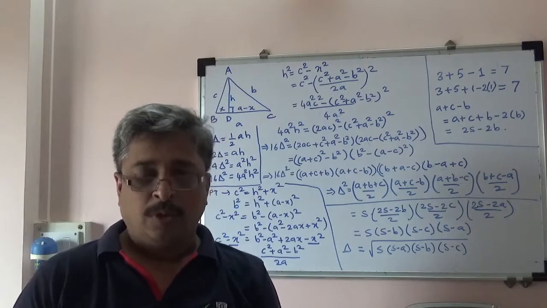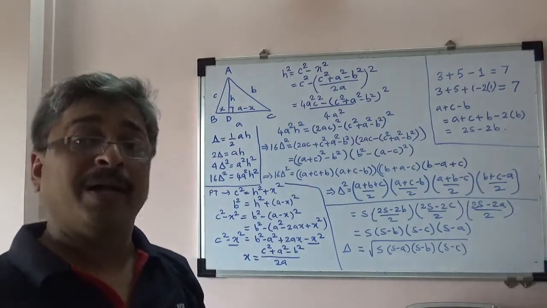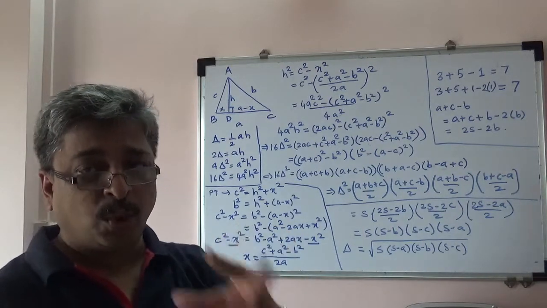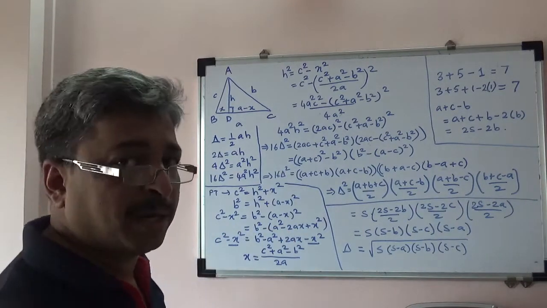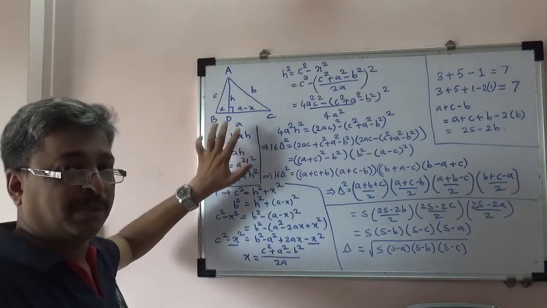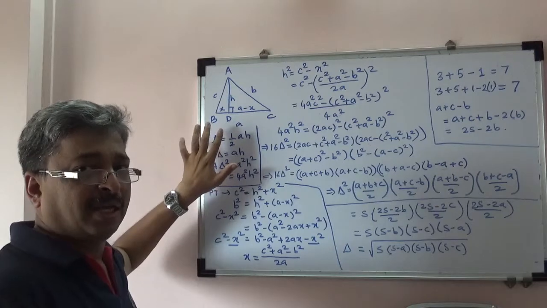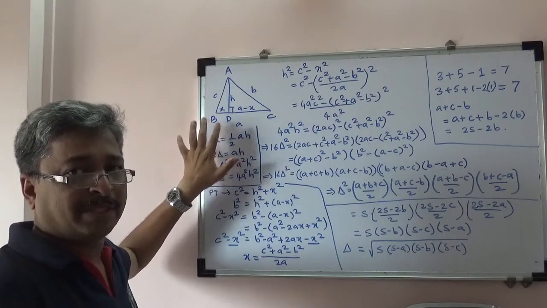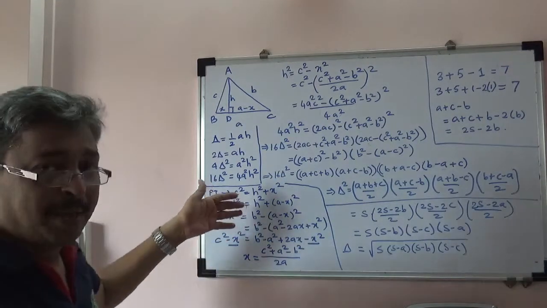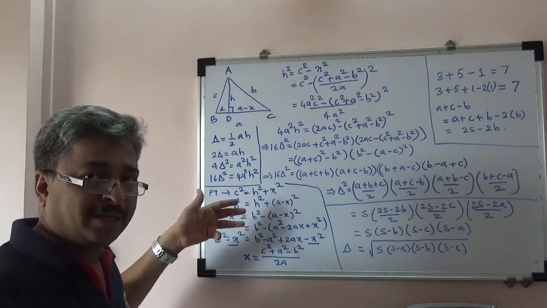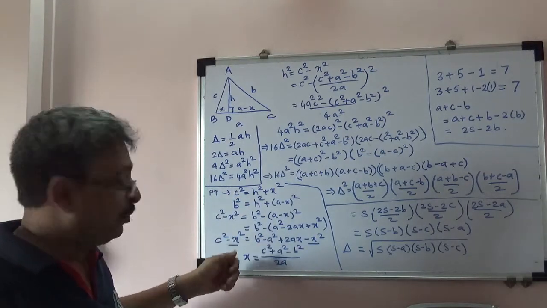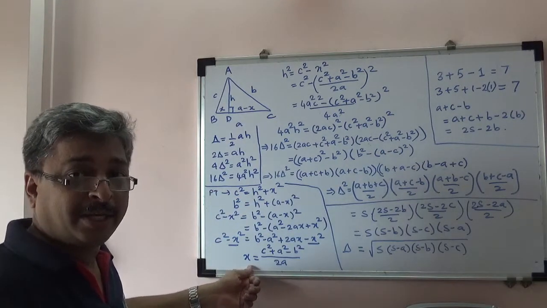Now you may find that it is very difficult, it is very long, but there are only 2 or 3 steps that you need to remember while proving Heron's formula. One, the algebraic simplification of delta in terms of height of the triangle and base, and then convert it into 16 delta square. Here apply Pythagoras theorem to 2 right angle triangles, and then eliminate h square, which gives you identity in terms of x.